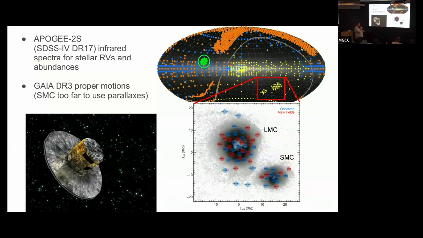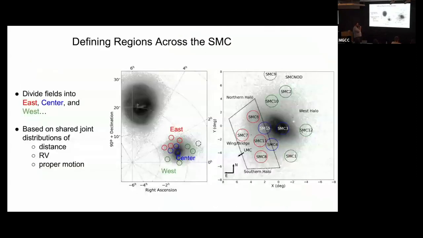So here is the distribution of the APOGEE fields across the SMC, most of which I observed. One of the challenges we faced when we began this work is how to subdivide the SMC. The SMC, we know, is a very irregular galaxy. So what will we call the east, the center, and the west?